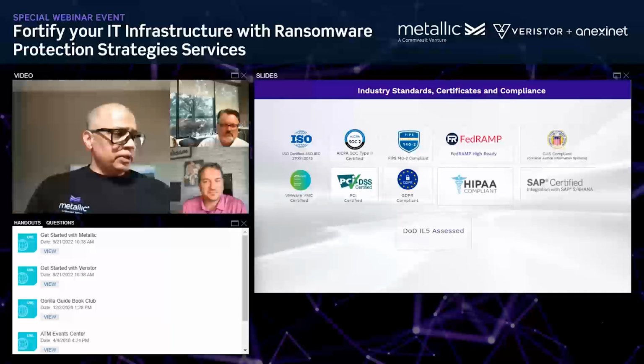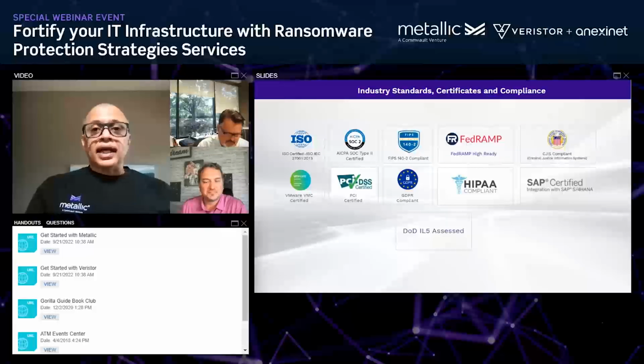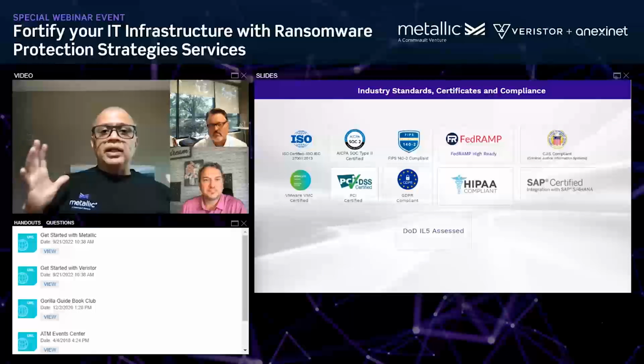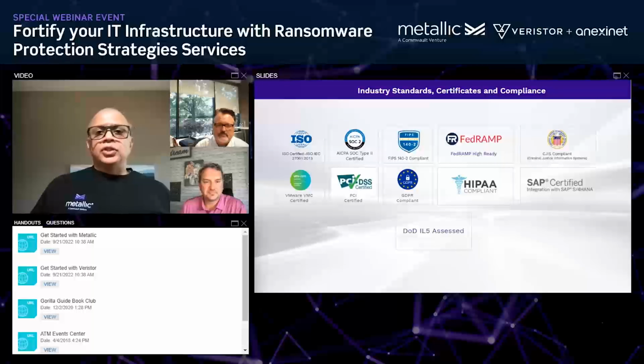So when I joined Metallic, that was 2.5 years ago. Running a SaaS service requires a completely different mindset of managing the service. It's not just creating an application, buying a bunch of VMs in the cloud, or deploying a bunch of VMs here, and someone else is actually doing the work for you.